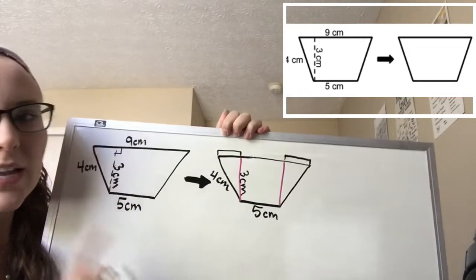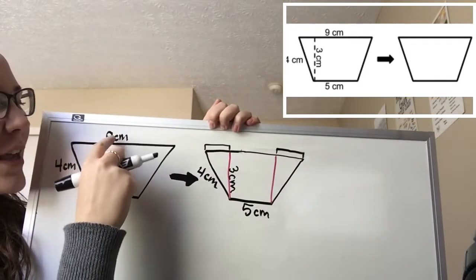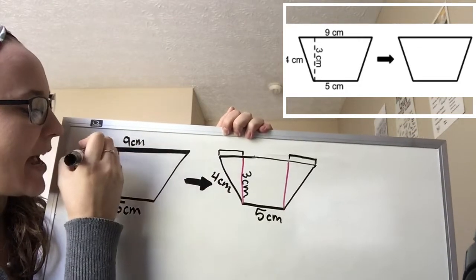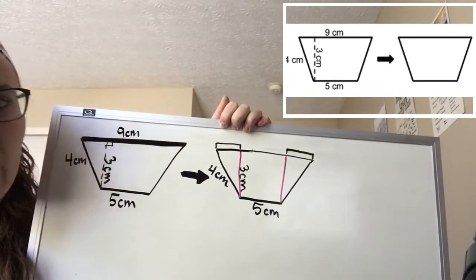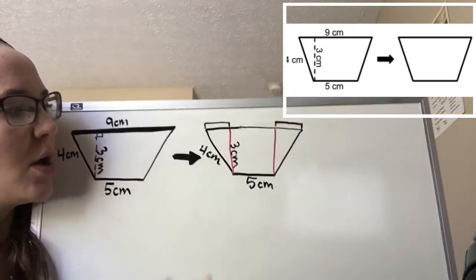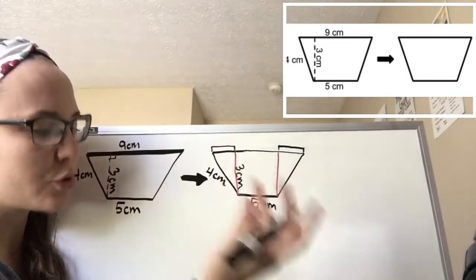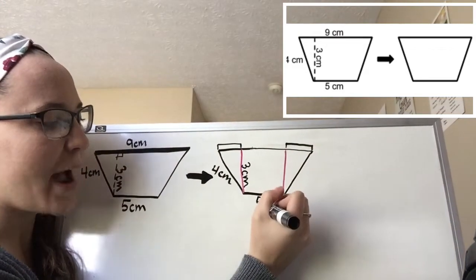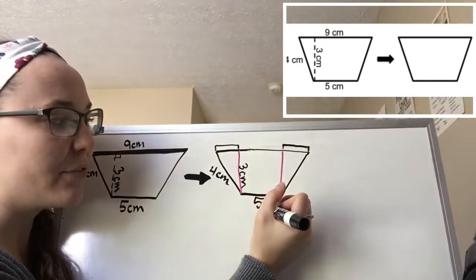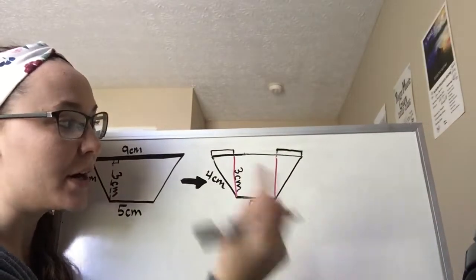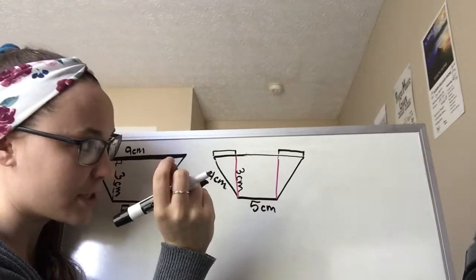So this is where it gets a little tricky, because over here it tells us that this whole side is 9 centimeters. That whole side is 9 centimeters. But this triangle doesn't take up the whole side, so we're going to have to subtract. We're going to have to subtract 9 minus 5 to figure out what's left over for these 2 triangles. But then remember, there's 2 triangles left, okay?